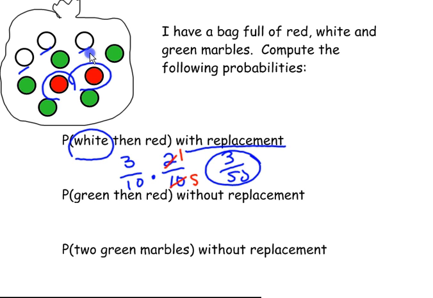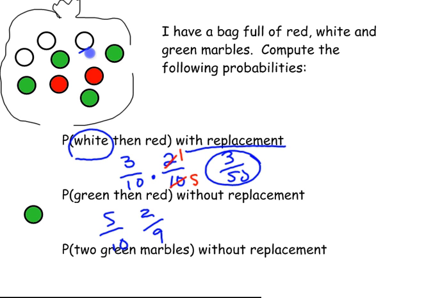For our second example, we want a green and then a red. So the probability of drawing a green, we have 5 green out of 10, so 5 out of 10. And then when we say without replacement, that means when we took this green marble out, we kept it out. Now there are 2 red marbles, but there are only 9 marbles total. So the probability of drawing a red is 2 out of 9.